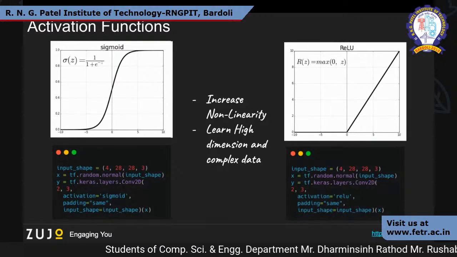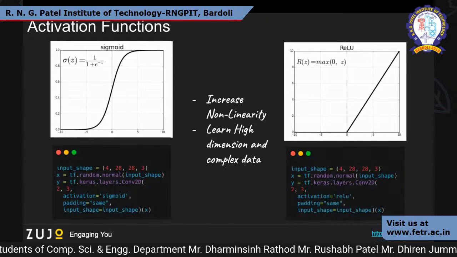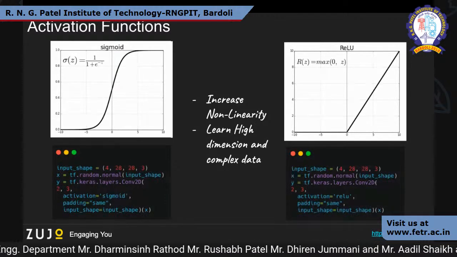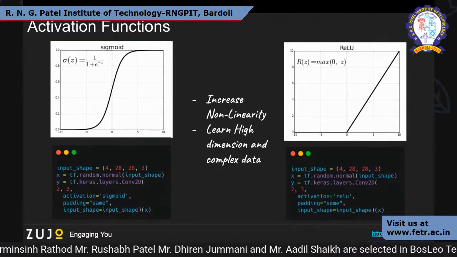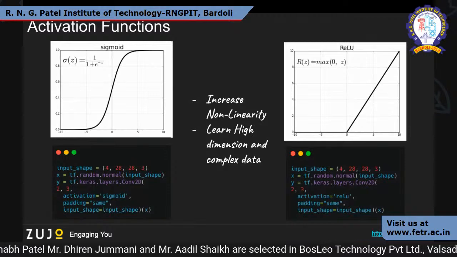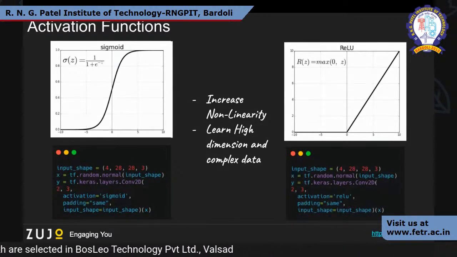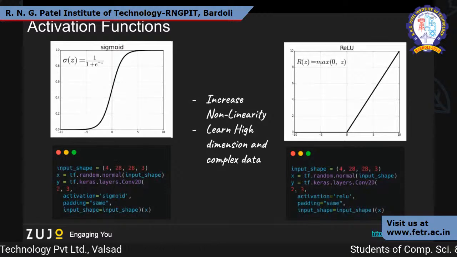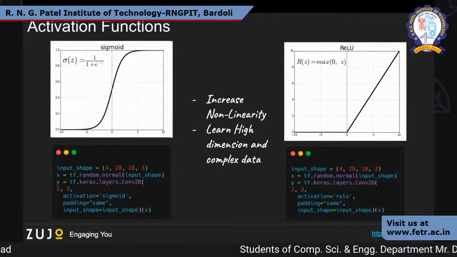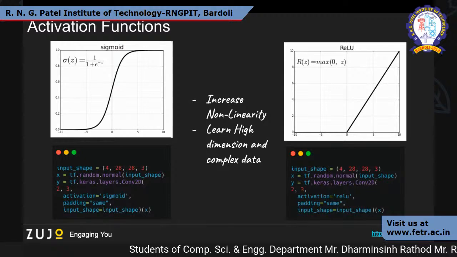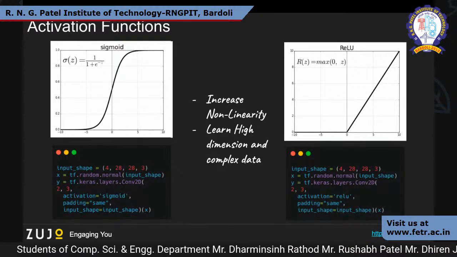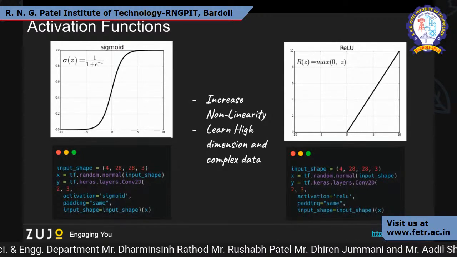As you can see, the examples of the same activation functions are at the bottom of the slide. For the sigmoid, we defined the activation as sigmoid. For the ReLU it is the same. In TensorFlow, you just define the name of the algorithm as the activation, and TensorFlow will do everything else in an abstract way.